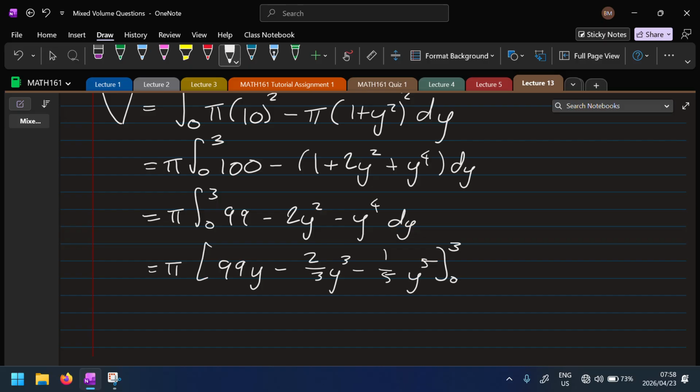Okay, quick calculator work. What do we get for that? So the 0 just gives us 0, so we can ignore that. We just want to substitute the 3.